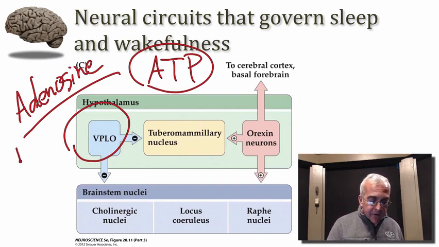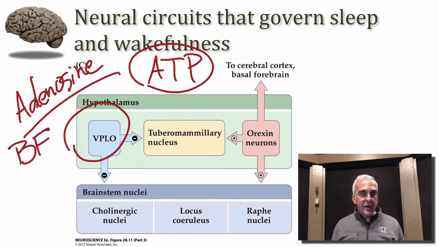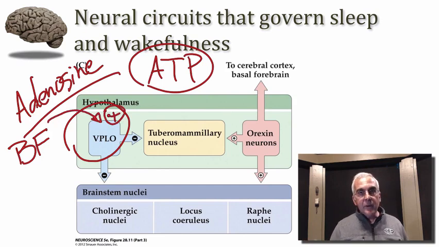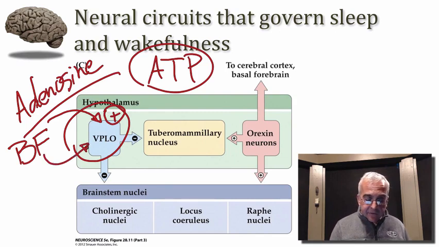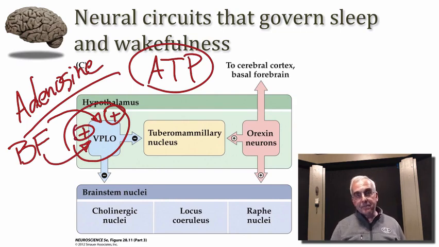Well, in the region just in front of the hypothalamus called the basal forebrain, there are nuclei there that seem to be sensitive to these rising levels of adenosine. So as adenosine rises in this region of the basal forebrain, it drives activity that is exciting these cells of the ventrolateral preoptic area.